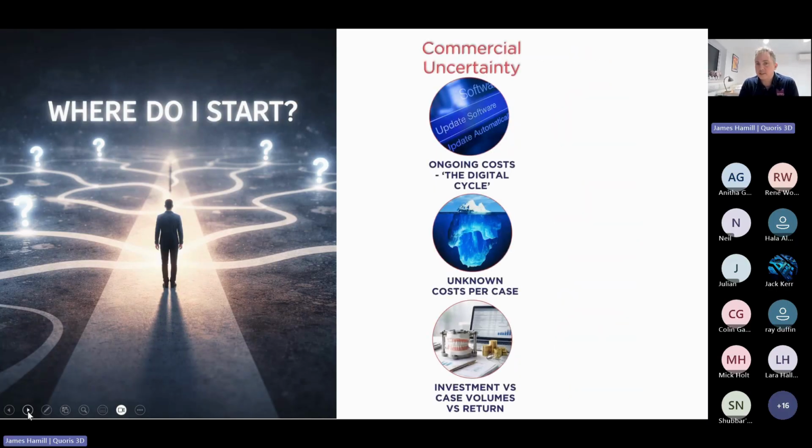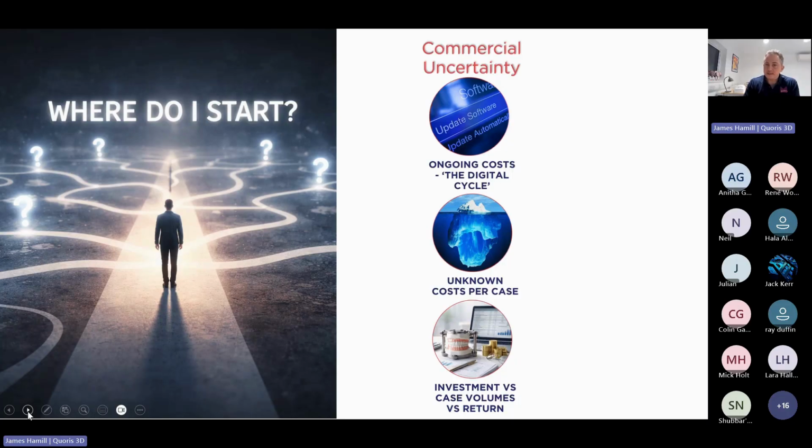There's also questions that arise from the commercial perspective. One that I call the digital cycle seems to concern a lot of people, which is, if I go down this line, what are my ongoing costs going to be? Updating software, updating equipment, and does this really stack up for me in regards to the amount of work that I do?